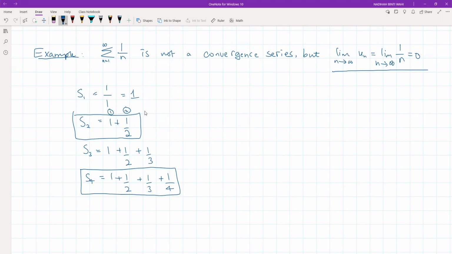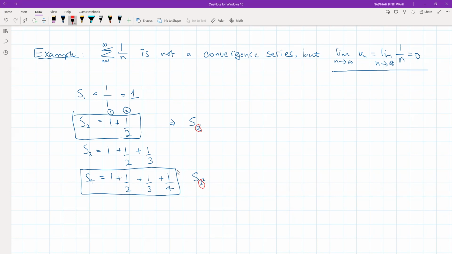If I compare this, S of 2 is just S of 2 to the power of 1. S of 4 is just S of 2 to the power of 2. Why? Because I want to take this base, because it will make the comparison easier for us.